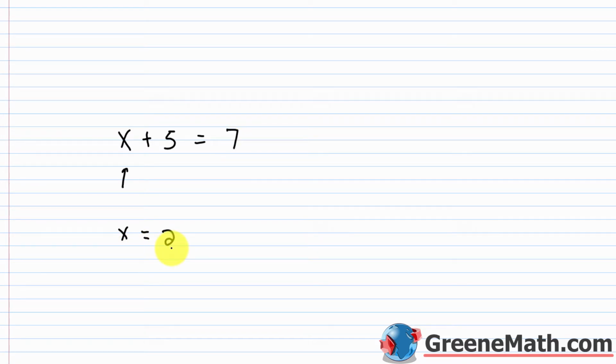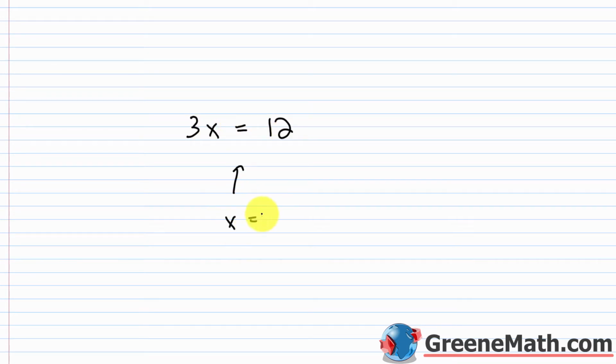Still works out. If I have the multiplication property of equality, so something like 3x equals 12, I know this is x equals 4. If I multiply both sides by negative 2, this would be negative 6x, and this would be negative 24. x equals 4 is still a solution. Plug in a 4 there, you get a true statement.